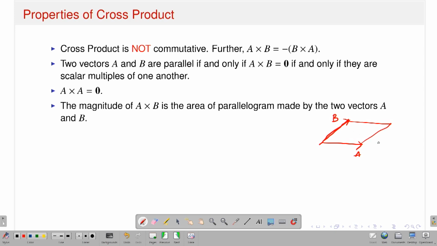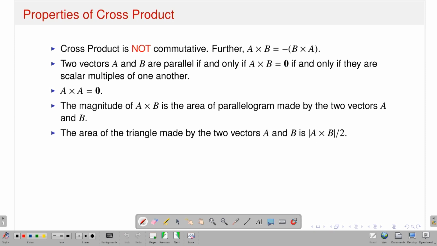So the area of this parallelogram is the magnitude of A cross B, the area of this parallelogram made by these two vectors A and B as adjacent edges. The area of the triangle made by these two vectors is half of that parallelogram area, that is, basically the modulus of A cross B divided by 2.